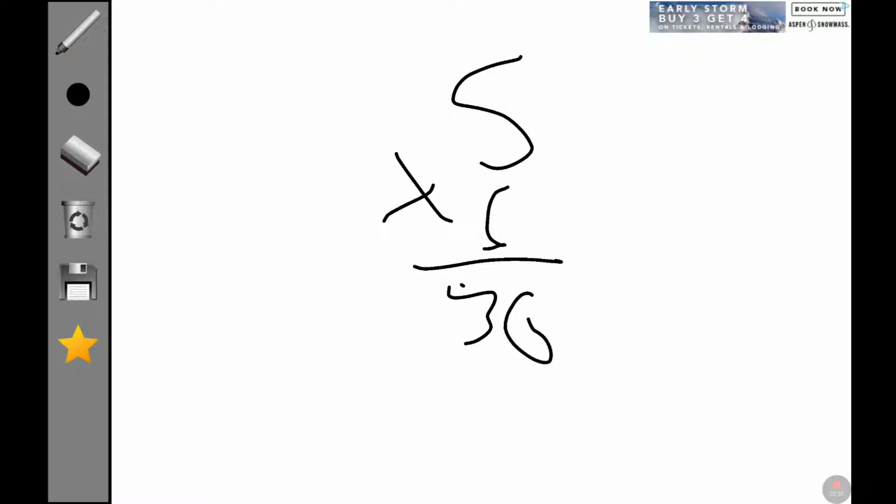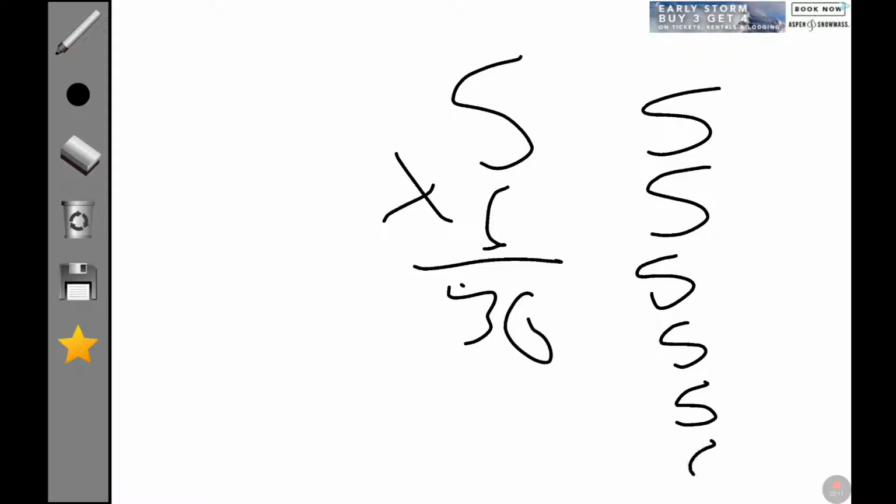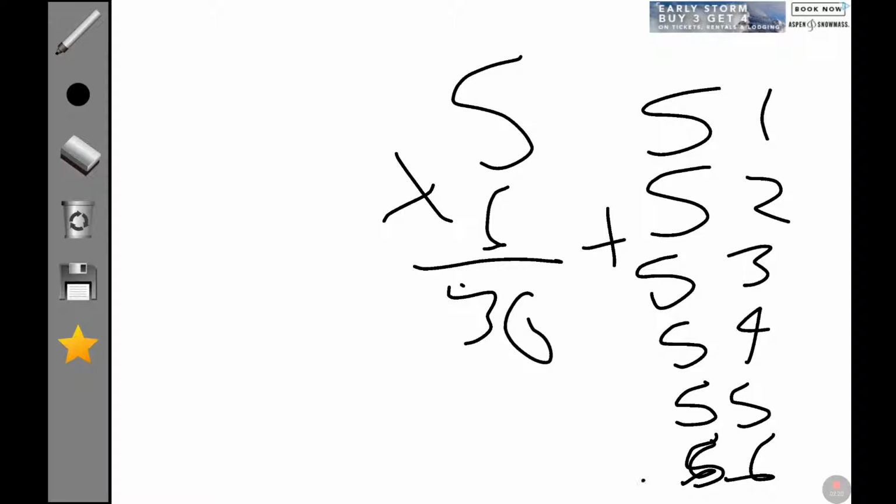Now let's go into a bigger step. 5 times 6. 5 times 6 is 30, because 5 plus 5 plus 5 plus 5 plus 5 plus 5 is 1, 2, 3, 4, 5, 6 parts of 5, which will equal 30.